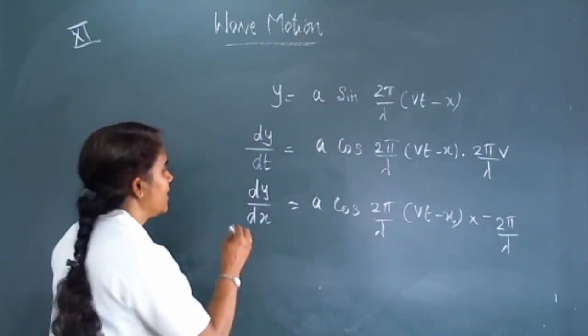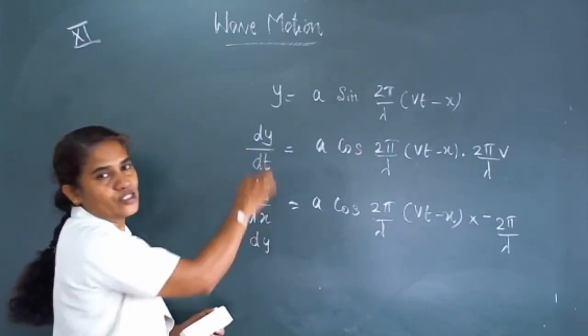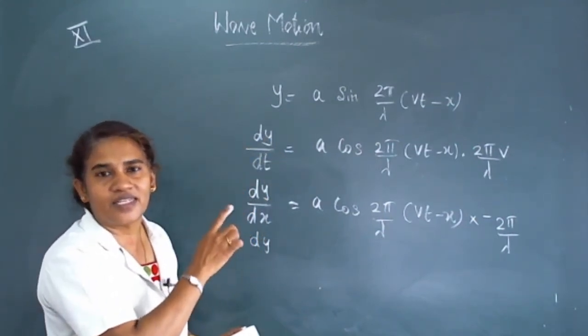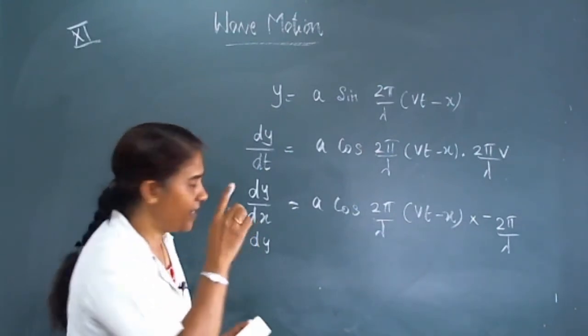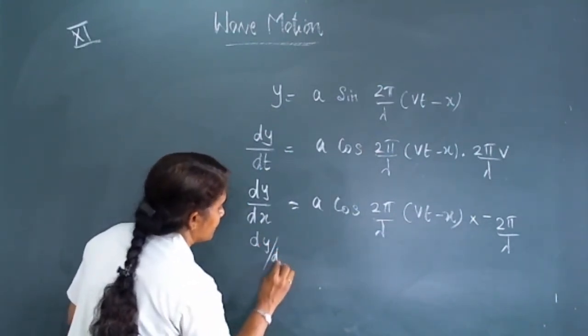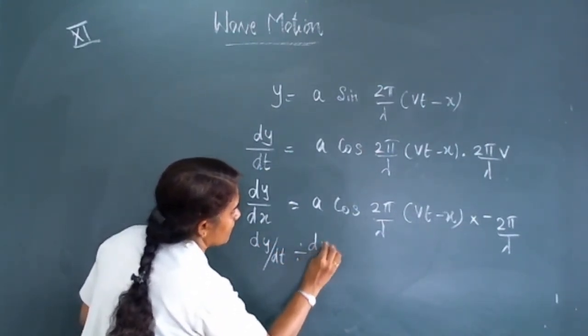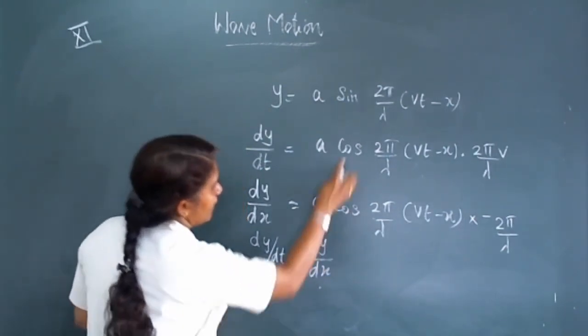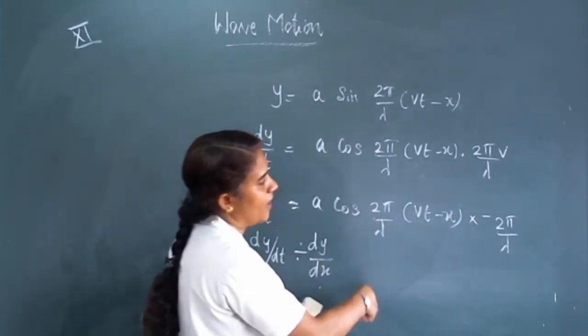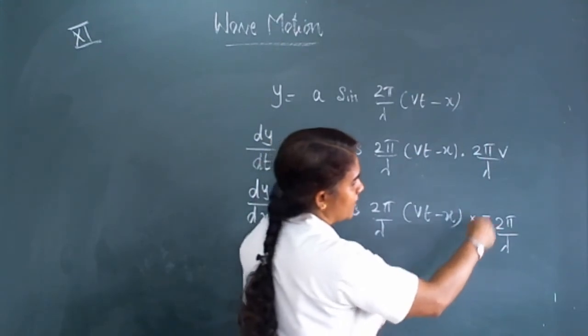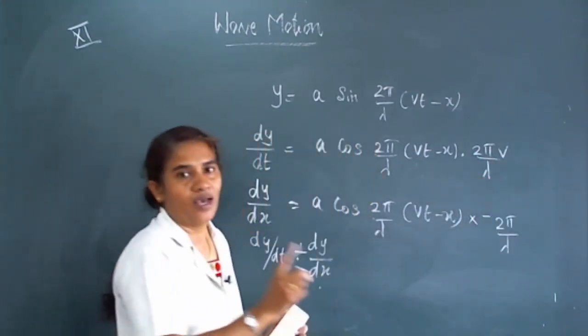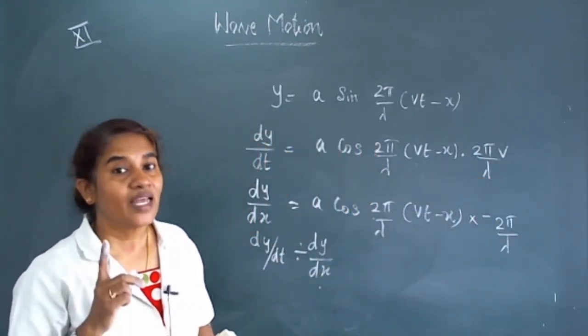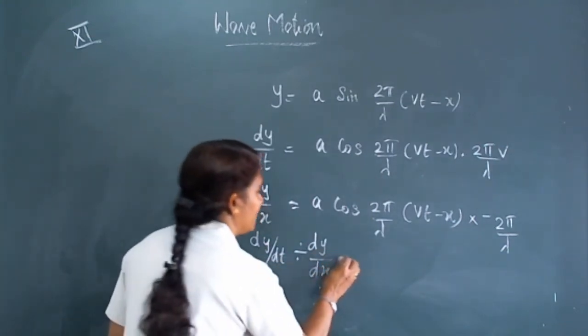Let us divide these two, that is dy by dt divided by dy by dx. After dividing, A cos 2 pi by lambda (vt minus x) and 2 pi by lambda cancel. So what are we getting? Negative v.